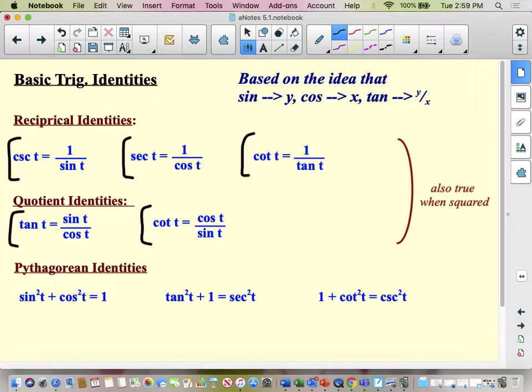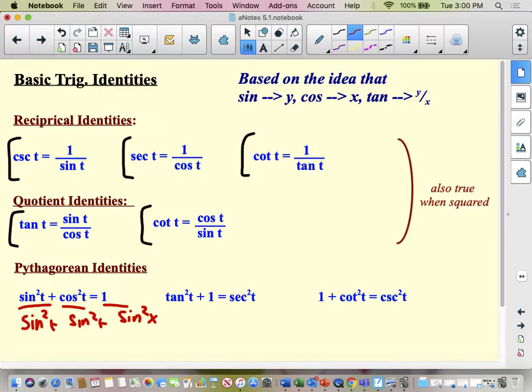Reciprocal, cosine over sine. Pythagorean identities is what I did not talk about, but I will remind you that we did talk about x squared plus y squared equals 1, and you know that x is cosine and y is sine. So that should be familiar. Okay, that's all it stems from. Now, if I come over here and divide everything by sine squared, because that's legal as long as I do everything by sine squared.